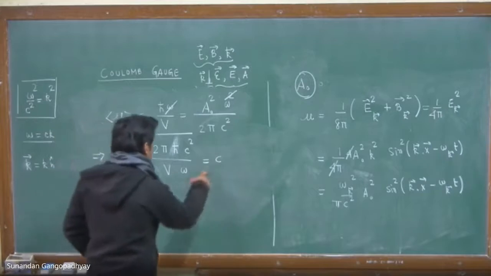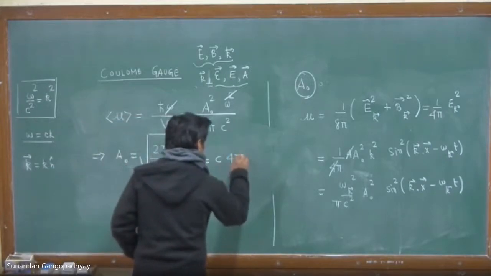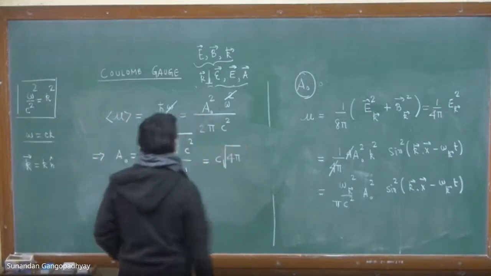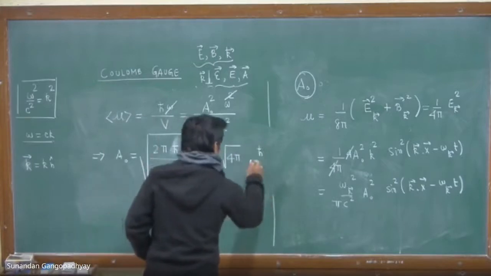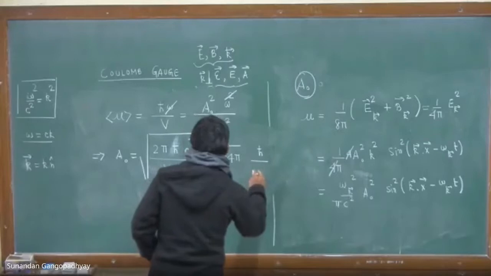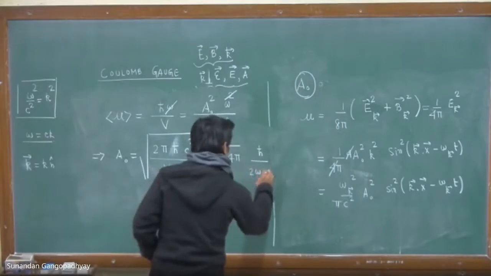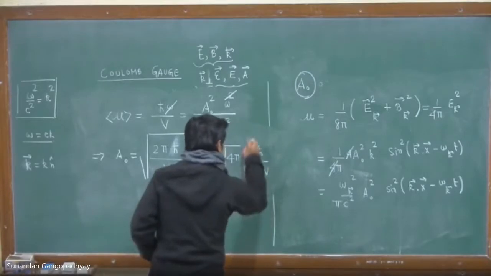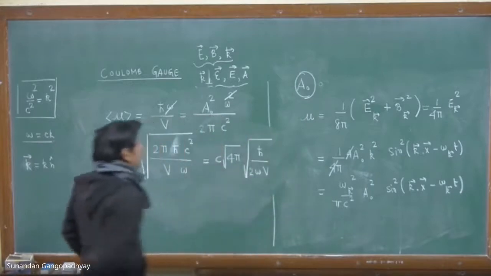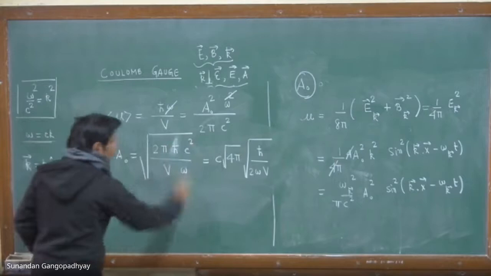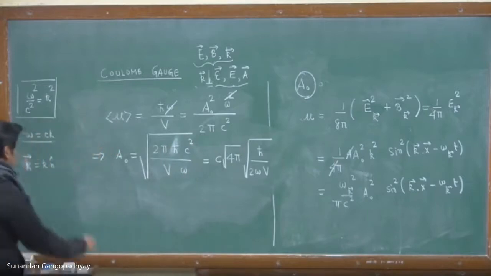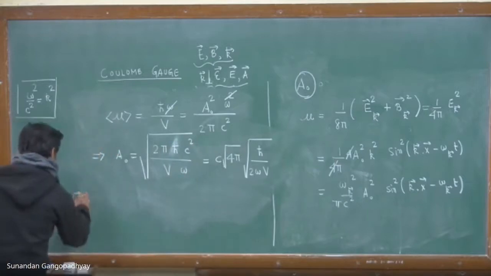You can write this as c √(4π), and then √(ħ / (2ωV)). Okay, so this is how you fix the value of A0.